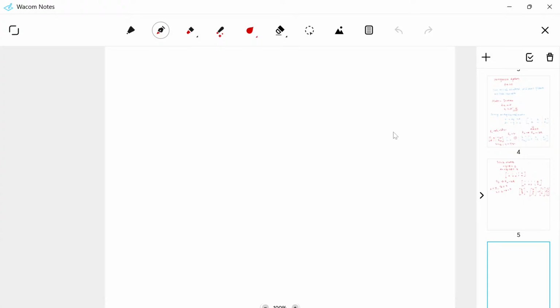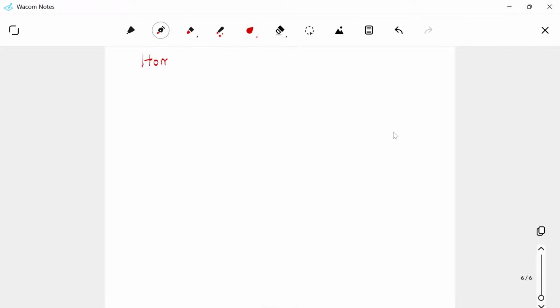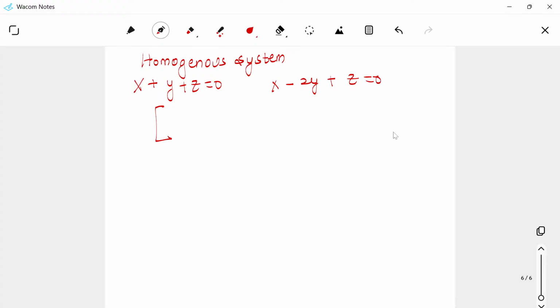Then you have a homogeneous system. In a homogeneous system, like this is x plus y plus z equals 0, x minus 2y plus z equals 0. So this is [1 1 1 0; 1 minus 2 1 0].